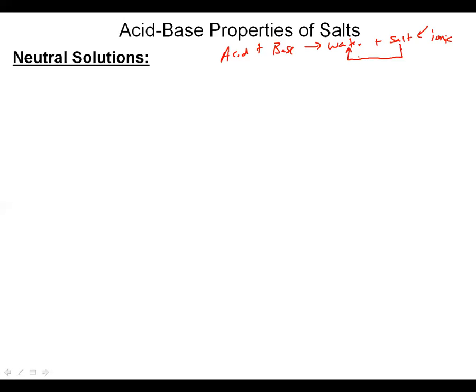So the important relationship is something that we talked about earlier on. If you remember, there is a relationship between an acid and its conjugate base, where if the acid is strong, the conjugate base will be weak. And vice versa, if the acid is weak, its conjugate base will be strong.